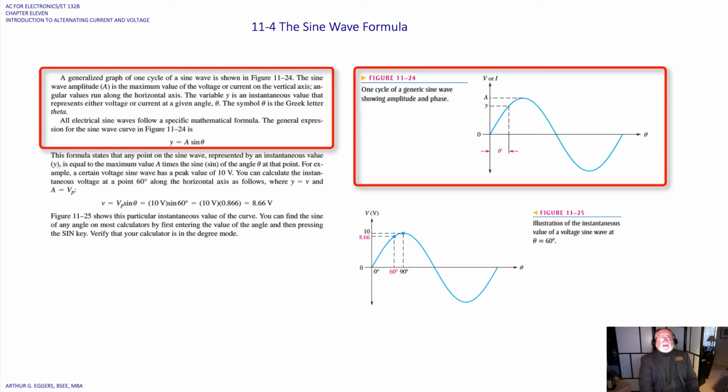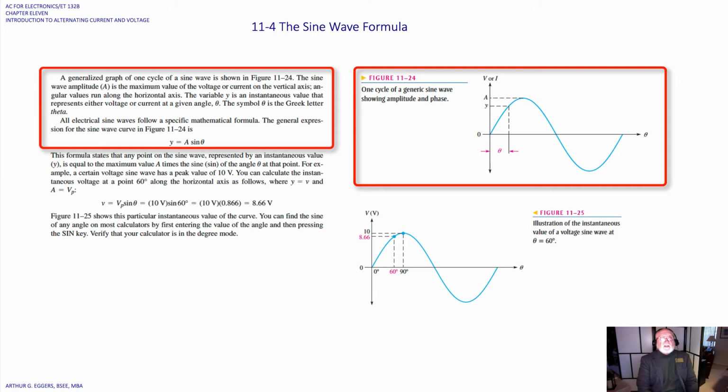So in looking at this, again, we go to a simple generalized graph of a sine wave, one alternation, so that we can fundamentally look at what's going on here if we were to take a snapshot in time or stop the sine wave in one alternation. Typically on an oscilloscope you will be able to see that it'll appear to be stopped, although it's occurring over and over again.